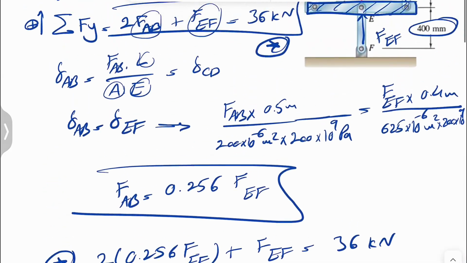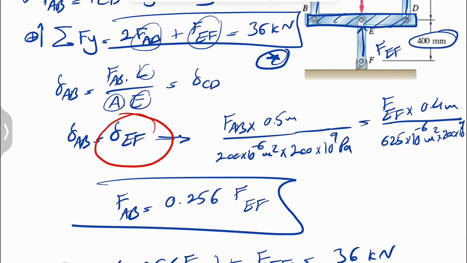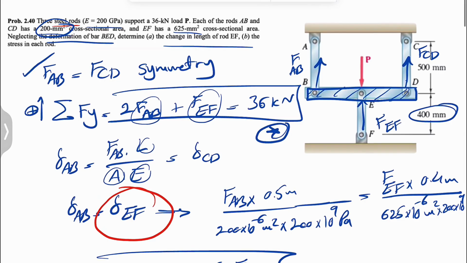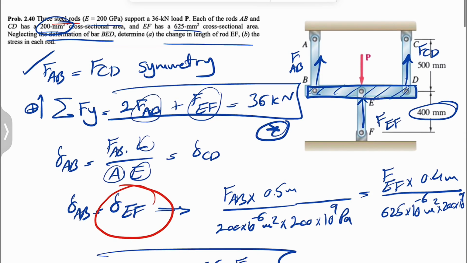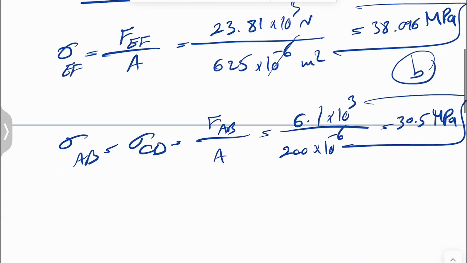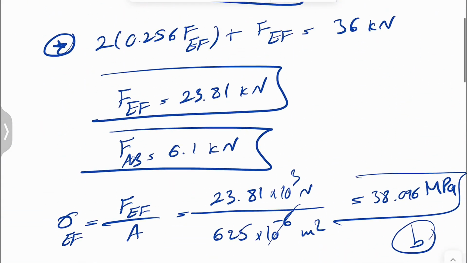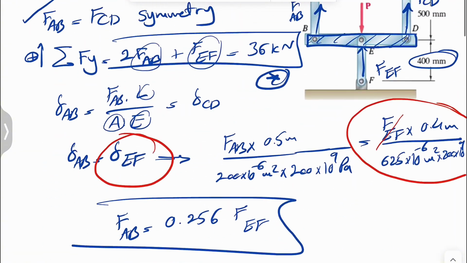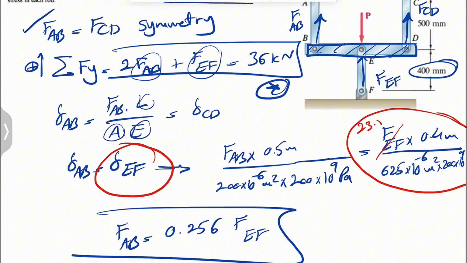And for the A part, the question is asking for the deformation in EF, or actually the change in the length of EF. So we are looking for the value of the change, and we can see that the rod is in compression. Instead of FEF, we just have to put the value that we had for FEF, so 23.81 times 10 to the 3.